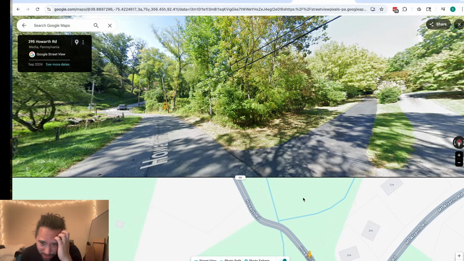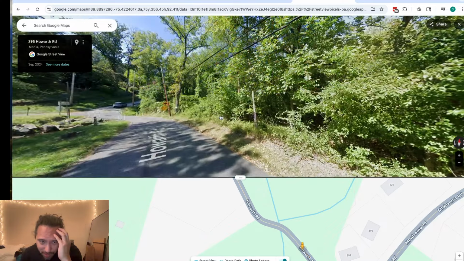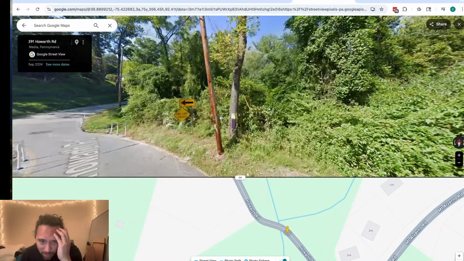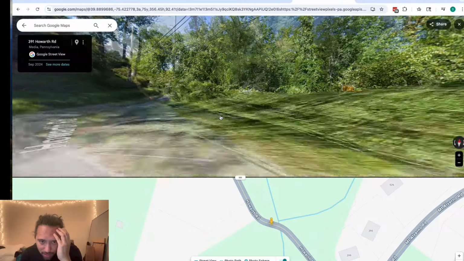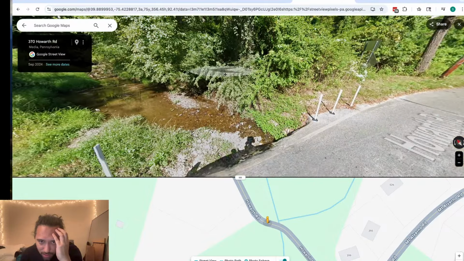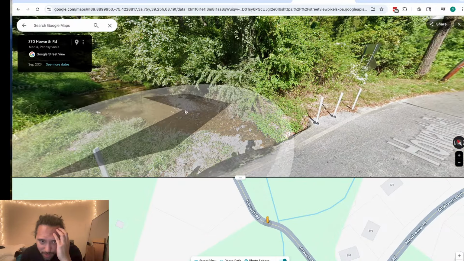Are there really two streams there? I don't see a second one. Do you see another stream? Is there another stream under that bush? Or I don't know. Oh, posted. Shoot. Whoa, what did I just do?